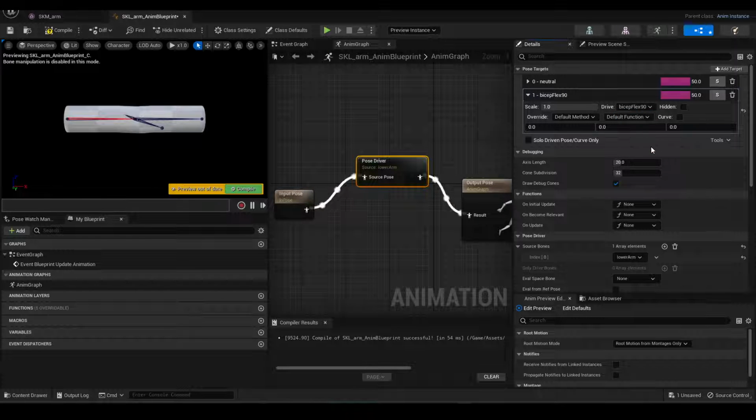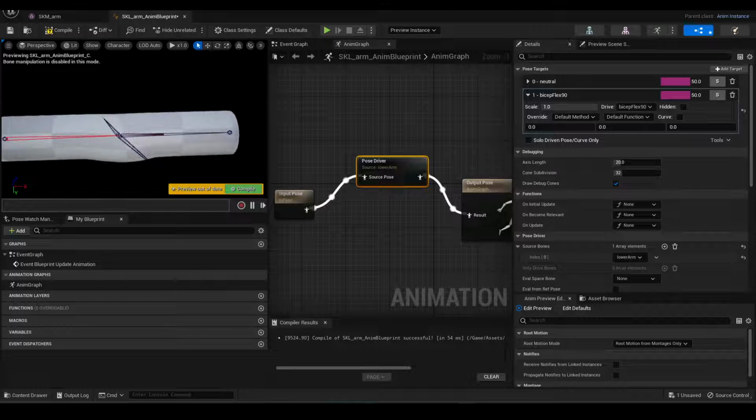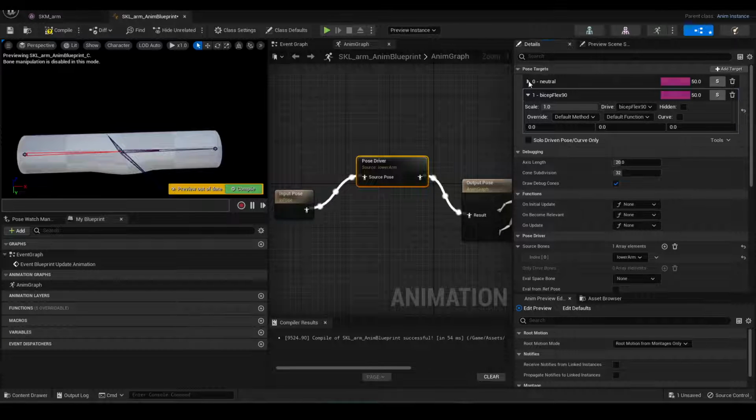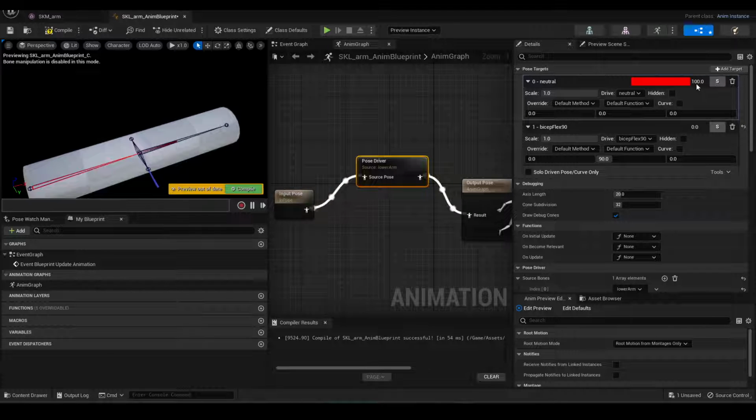I want to say bicep flex, which is this pose, and you can see that it's triggering it because these values are at 0 and these values are at 0, so it's 50% on neutral and 50% of bicep flex. So what I need to do is say, no, I want to see this only when the rotation of my source bone is 90. And you can see now that it went back to 100 here.